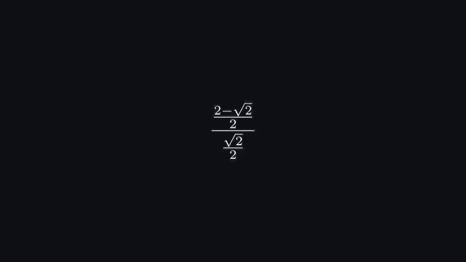Now the expression becomes a fraction divided by a fraction. Dividing by a fraction means multiplying by its reciprocal. The 2 in the denominator cancels with the 2 in the reciprocal, leaving 2 minus the square root of 2 over the square root of 2.